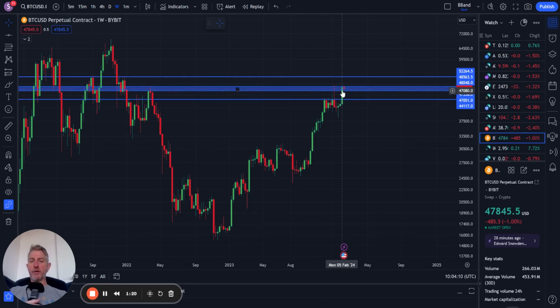It was resistance, broken and closed above, support should then occur. This higher blue line of randomness represents what was resistance back over here, and maybe will represent some resistance for the weekly in the future, but only time will tell.